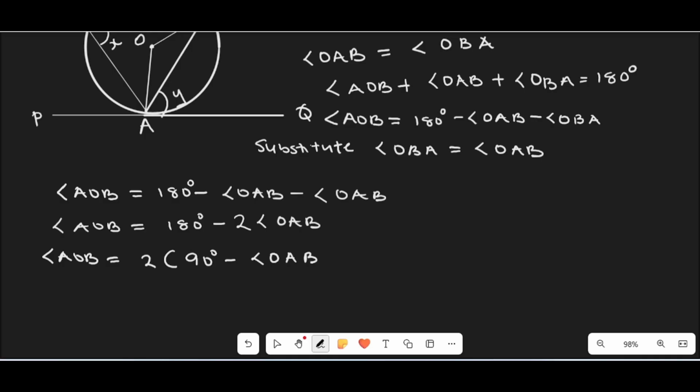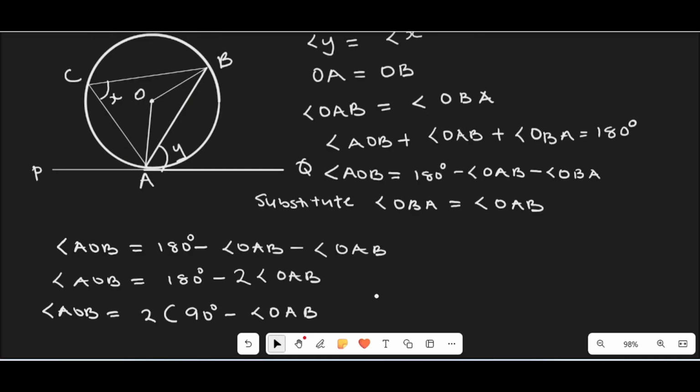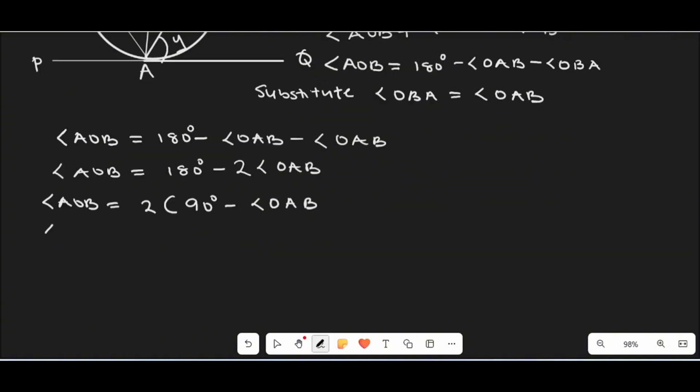By using the concept of the radius tangent theorem, we can say that our angle OAQ is 90 degrees. So angle OAQ equals 90 degrees.